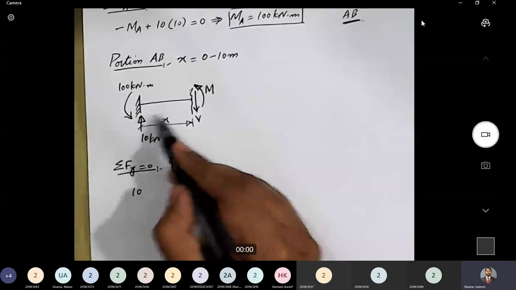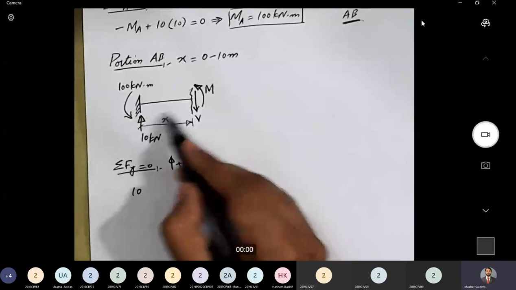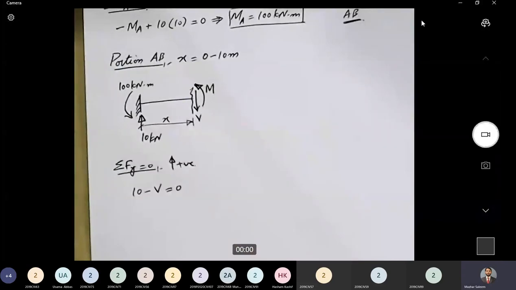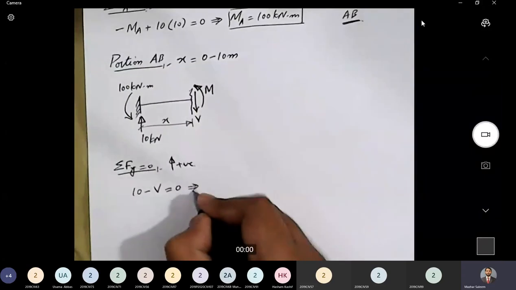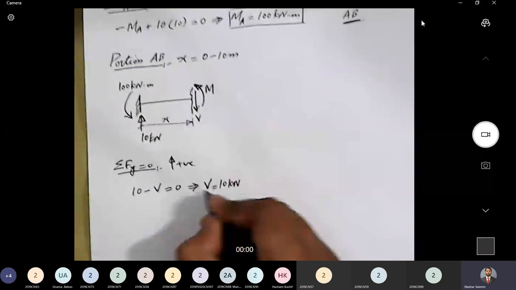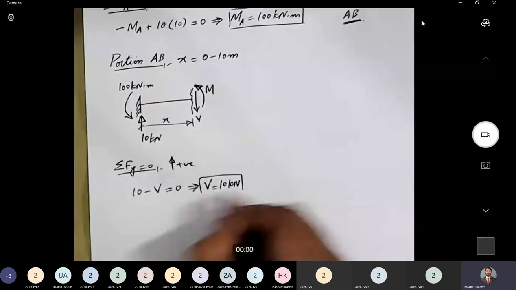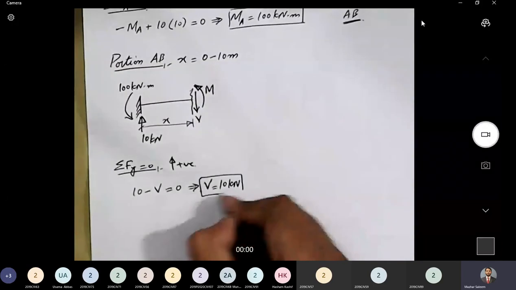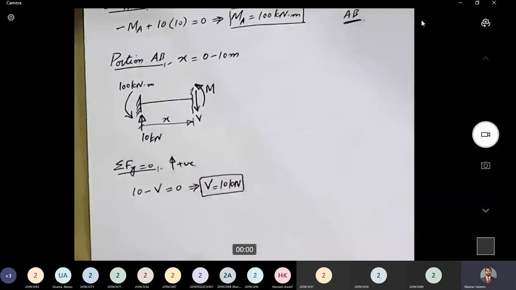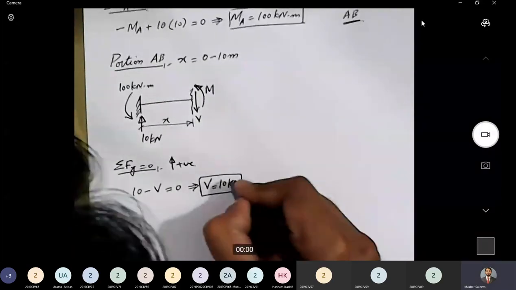What else? This V is acting downward, so minus V. There is no other force along the Y direction. This implies V is equal to 10 kilonewton. So again, in portion AB, we have got a constant value of shear force, and that is equal to 10 kilonewton.